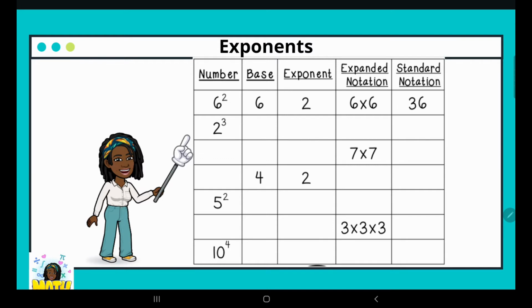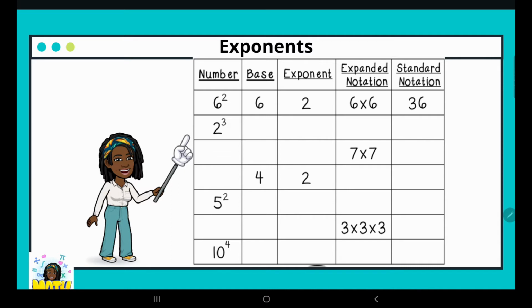So if we look at the example that's provided for us, we have 6 squared, the base is 6, the exponent is 2, and to expand 6 squared, it's going to be 6 times 6. Now, when we do our multiplication, 6 times 6 is equal to 36. That's our standard notation.